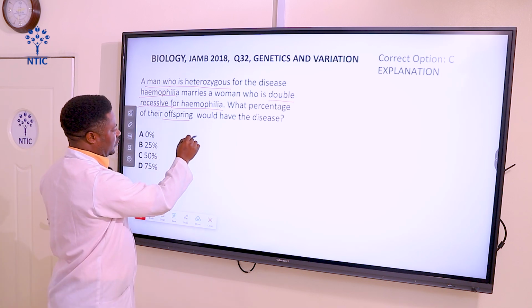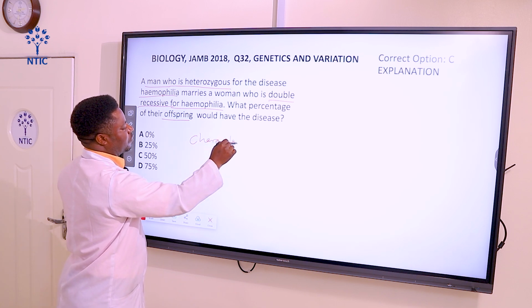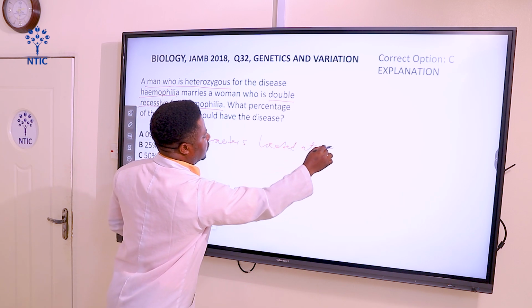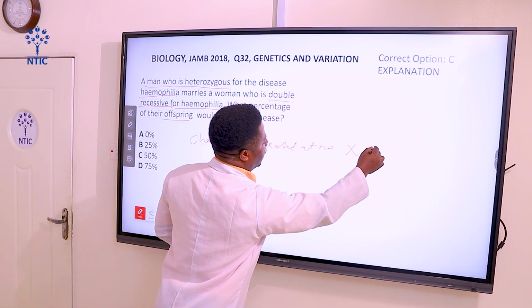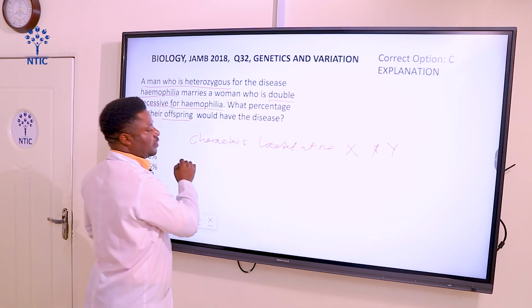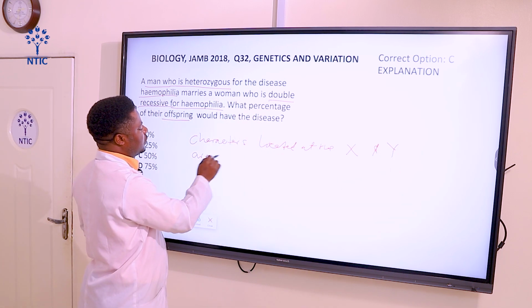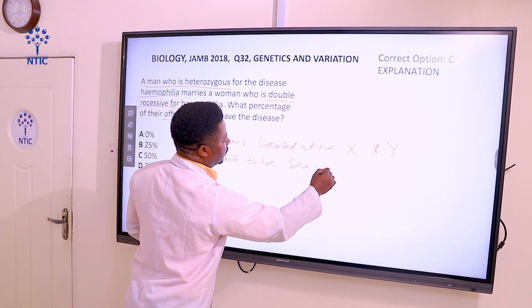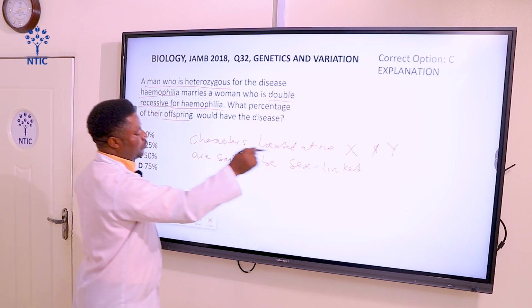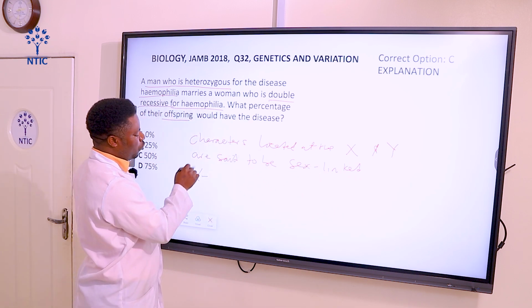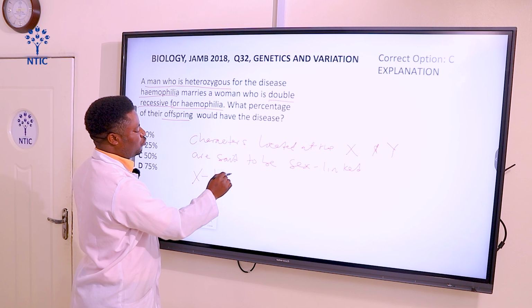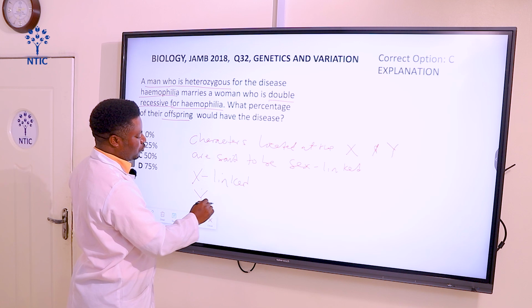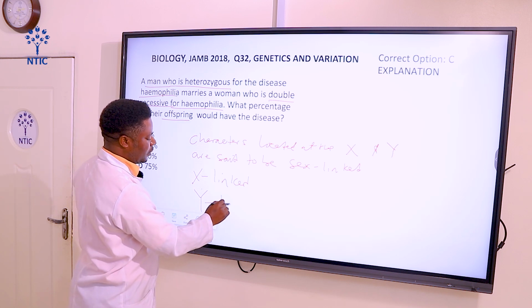Those characters located at the X and Y chromosomes are said to be sex-linked. And those characters that are found only on the X chromosomes are said to be X-linked. The ones found on the Y chromosomes are said to be Y-linked.